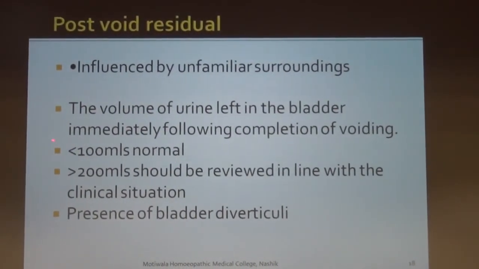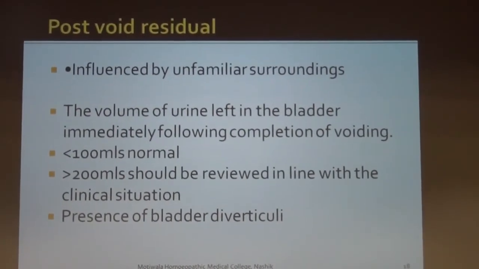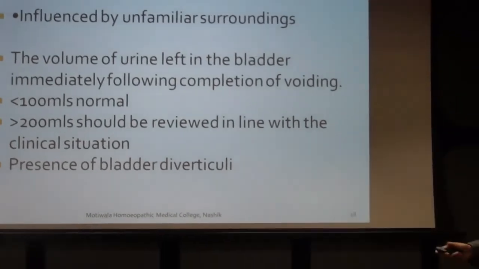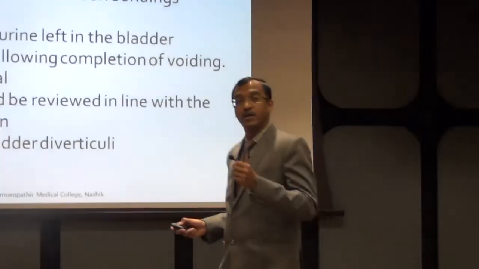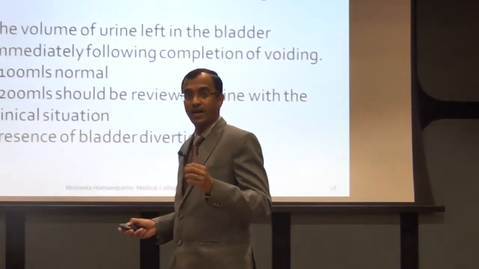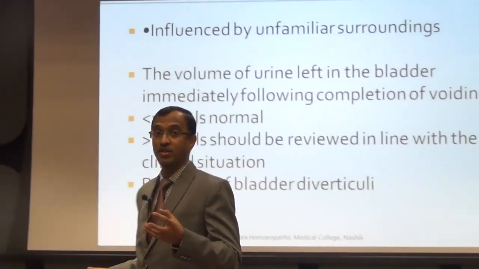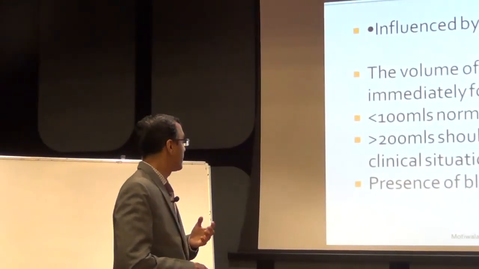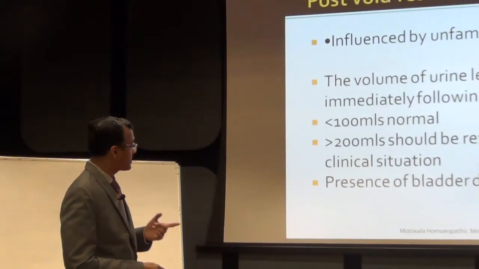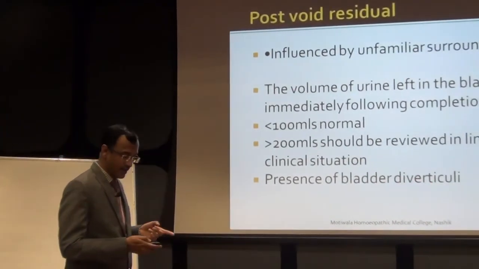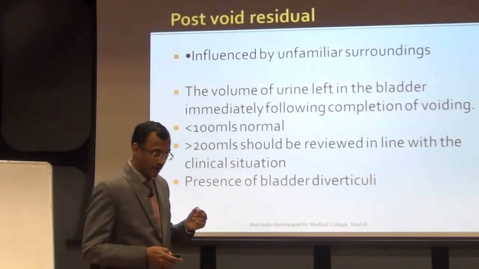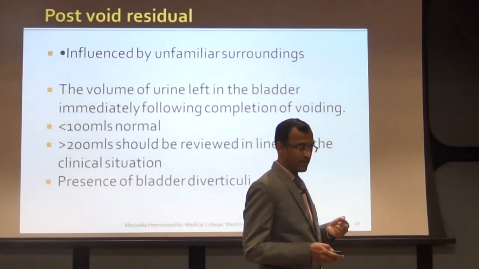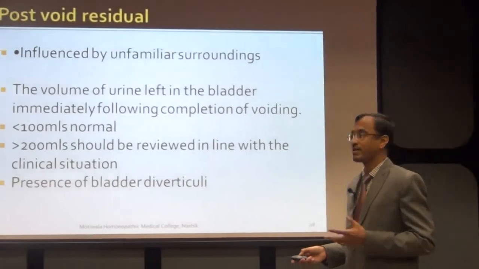Less than 100 ml may be a normal limit, but if it is more than 200 ml, we need to suspect prostatic hyperplasia or various clinical conditions where there is an outlet obstruction. And again, the presence of bladder diverticula is key in diagnosing benign prostatic hypertrophy from ultrasonography reports.